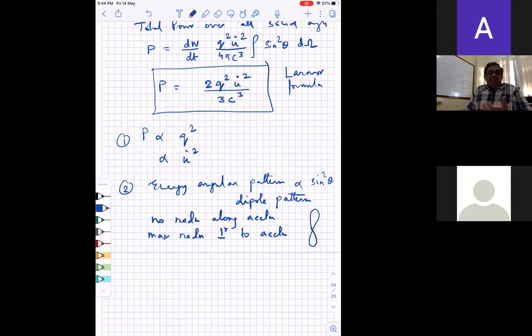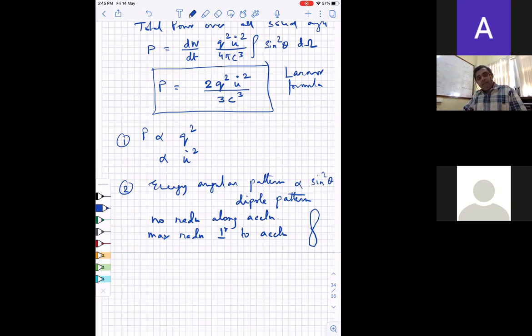One particle is never the case. Most of the time there will be a bunch of particles. So next day we'll start from over here and calculate what happens if there are n number of particles, not one single particle. They're all non-relativistic to start with, and then what kind of radiation there will be, whether there will be a dipole pattern or not.